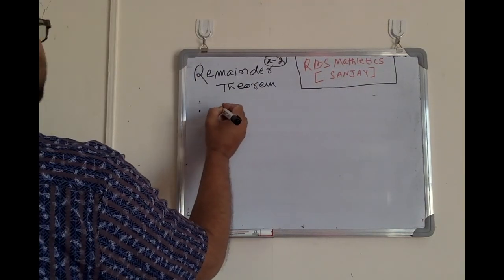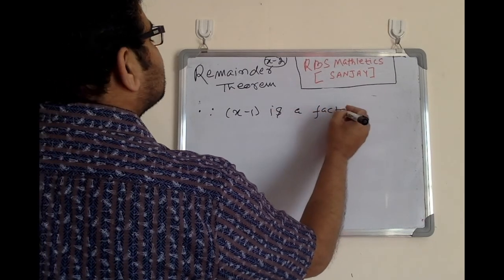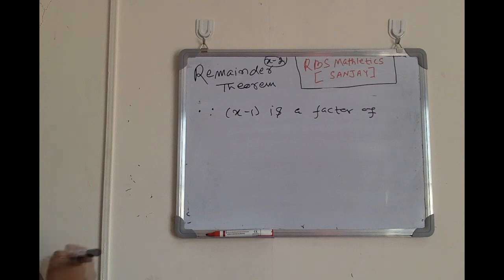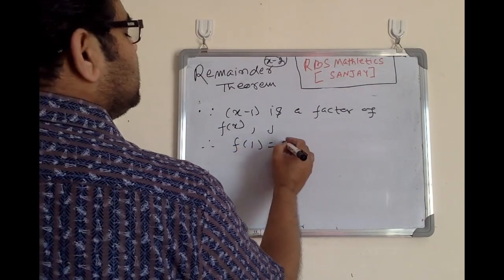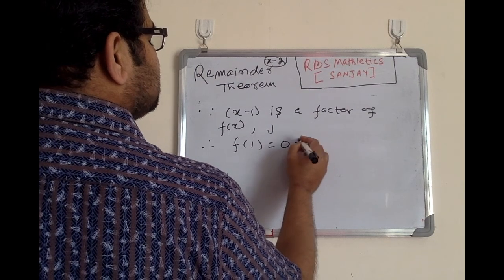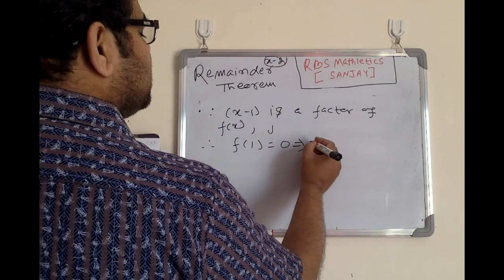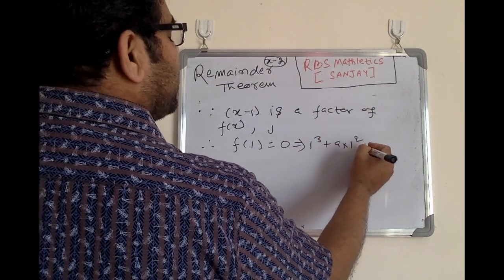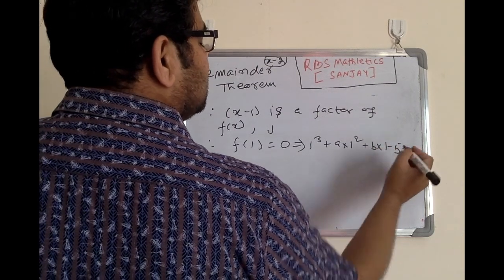Since x minus 1 is a factor of the polynomial f(x), f(1) is going to be 0. That means your f(x) was x cube plus a x square plus b x minus 5, so 1 cube plus a times 1 square plus b times 1 minus 5 is going to be 0.